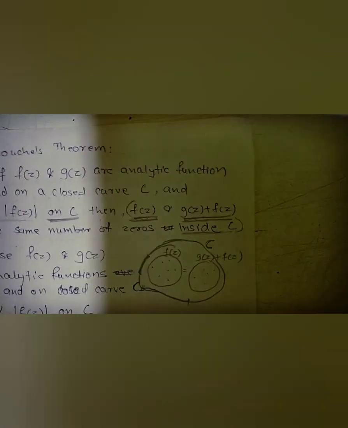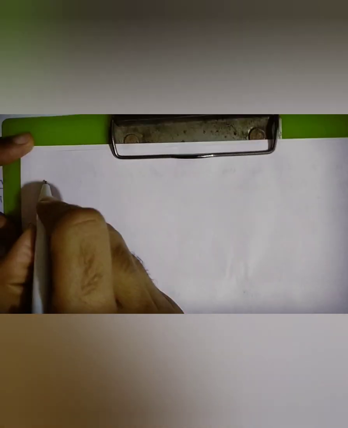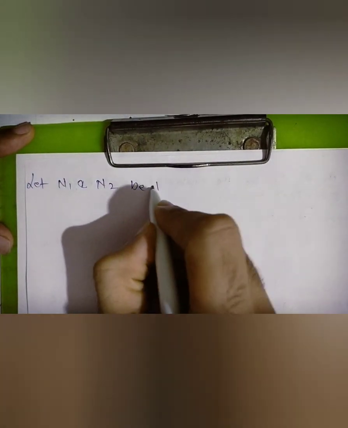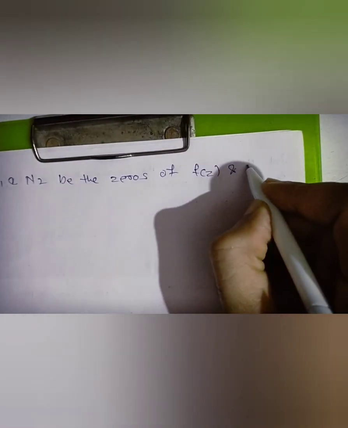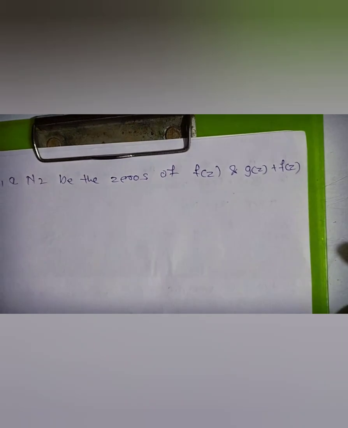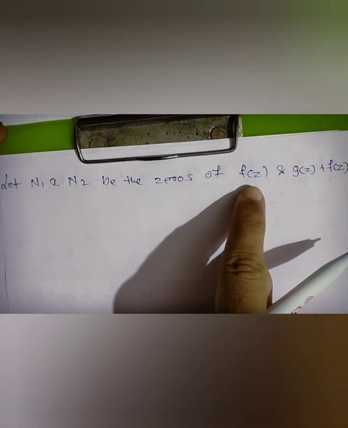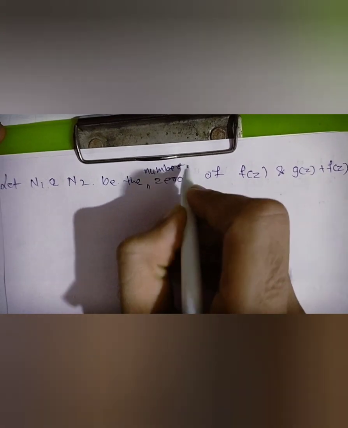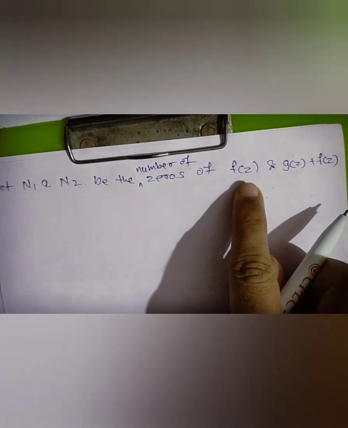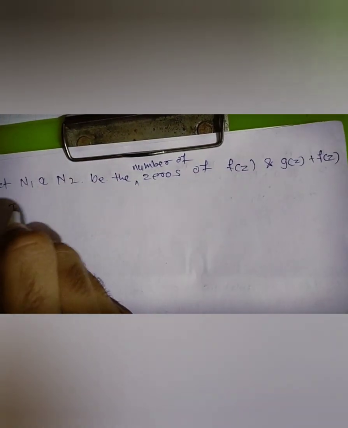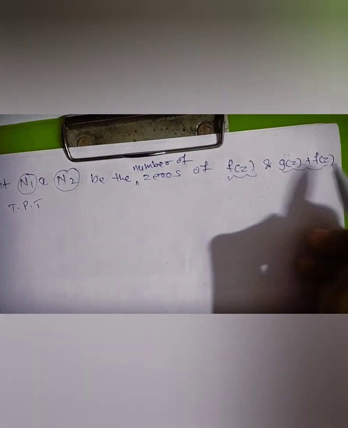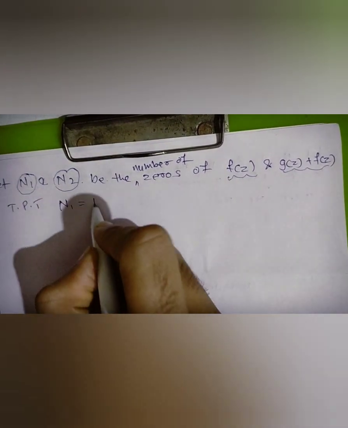We need to prove the numbers are the same. So let n1 and n2 be the number of zeros of f of z and g of z plus f of z respectively. Basically, to prove the theorem we just need to prove that the number of zeros n1 for this function and the number of zeros n2 for this function are equal, that is n1 equals n2.